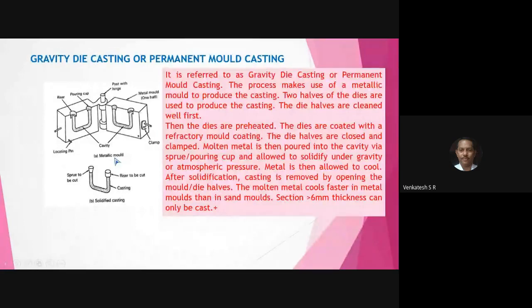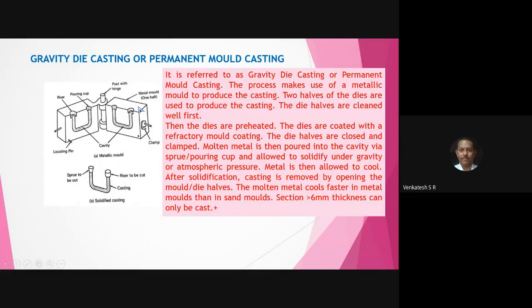Next comes the point, very important: gravity die casting or permanent mold casting. All of you observe here, the C clamp, the C type of castings, circular C type of castings can be produced using permanent mold, metal mold.